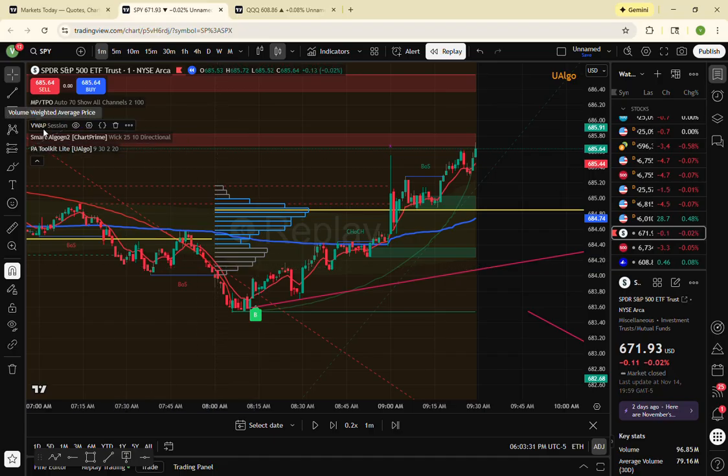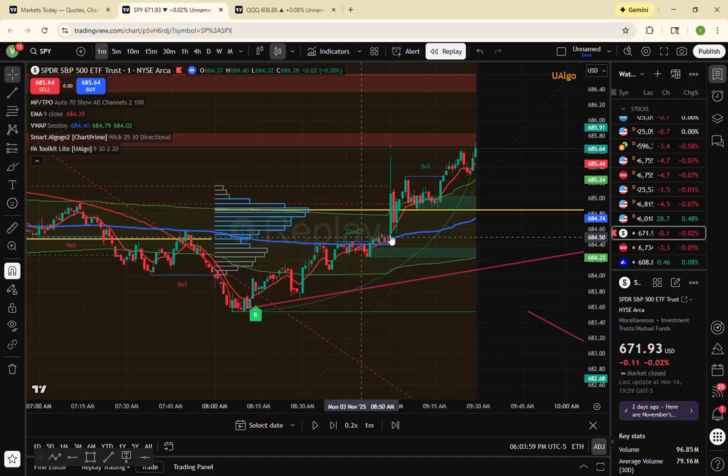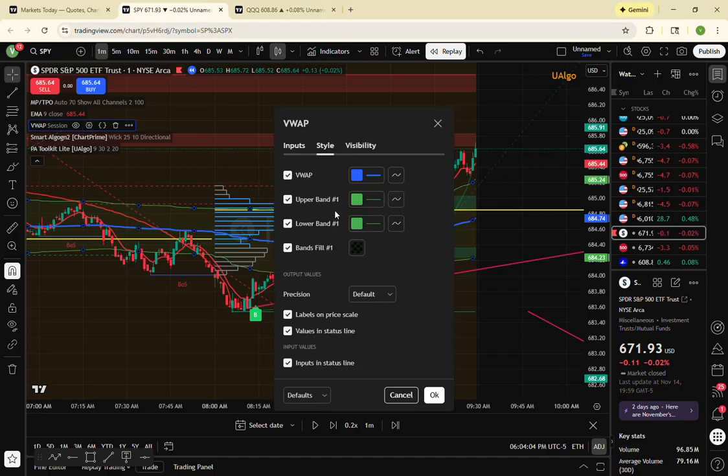Like I told you, the VWAP and EMA, I use them a lot. When you add the VWAP indicator, you go to the settings. Literally everything is here. So I check this right here, and it'll give you, this is VWAP right here. Let's go back there again. The upper band and the lower band, and this is VWAP itself.